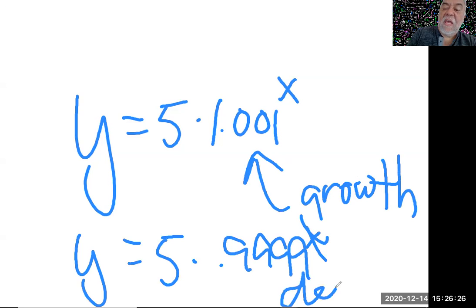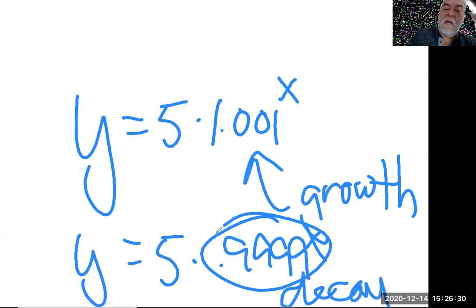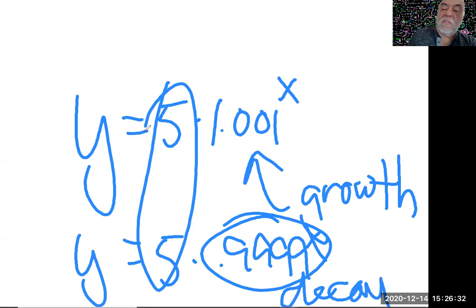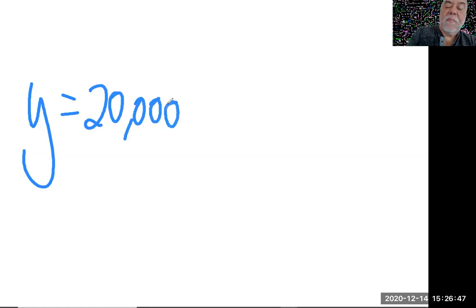Okay, this is decay because this value is less than 1. And it doesn't matter what the y-intercept is, what the starting value is, to determine whether it's growth or decay. The y-intercept can be big or it can be small. Doesn't matter. Say y is equal to 20,000 times 0.99 to the x. That's decay.